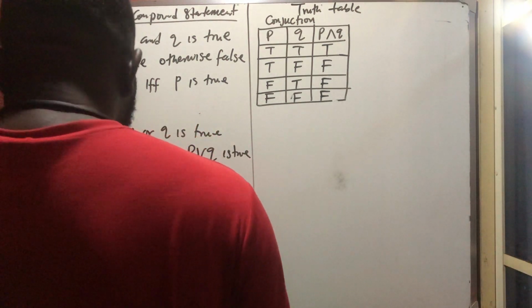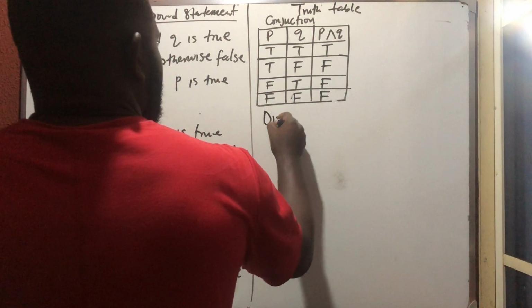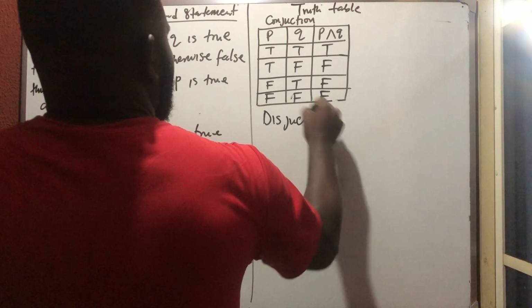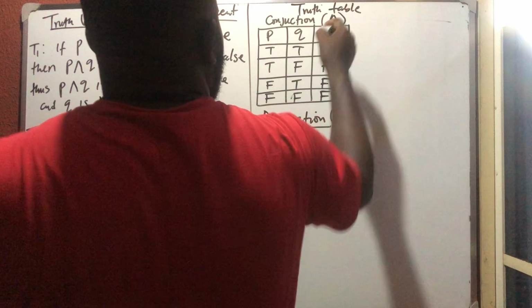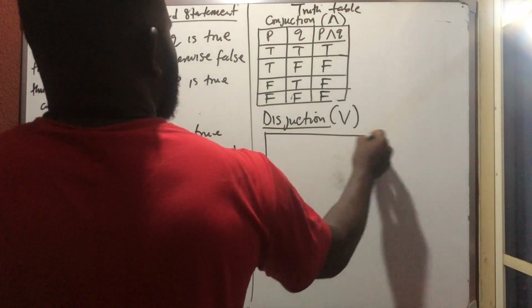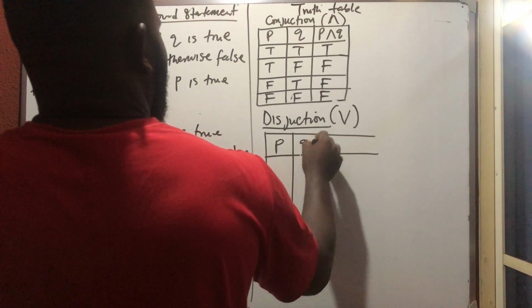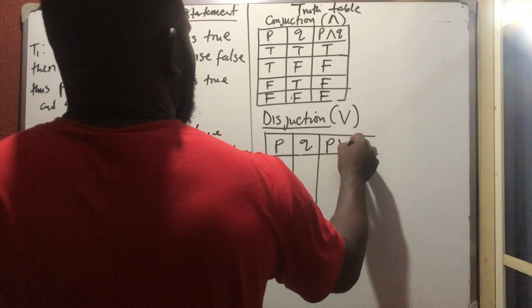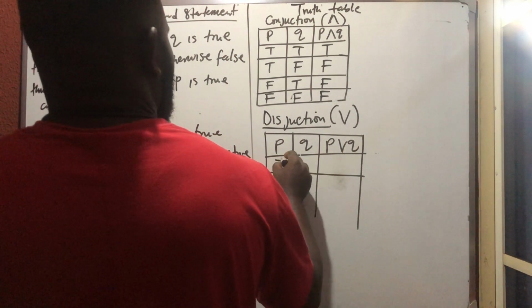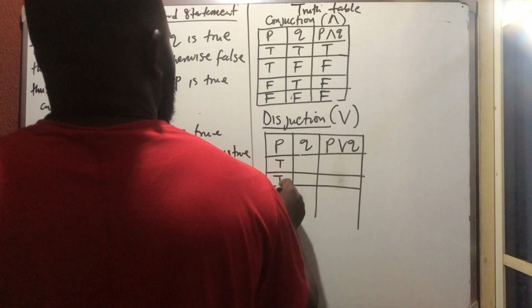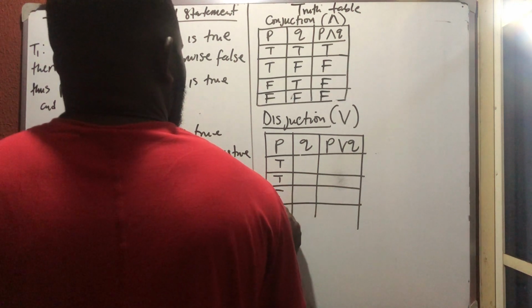So that is that. The next one we'll look at is disjunction. Don't forget that the symbol for disjunction is like this, and for conjunction the symbol is like this. So we have our P and our Q, then P disjunct Q. So we have truth, truth, false, false.